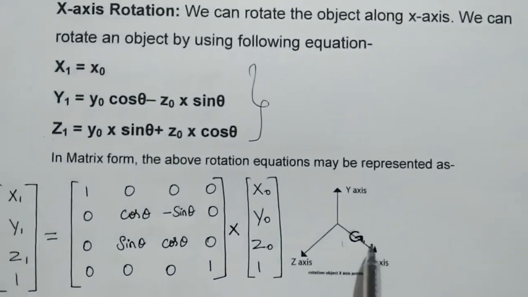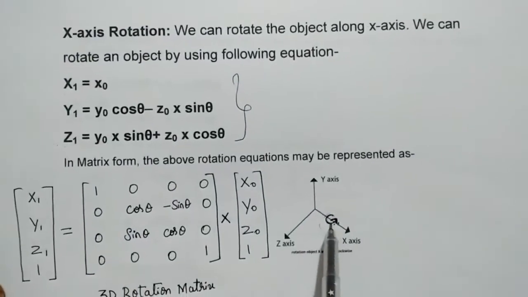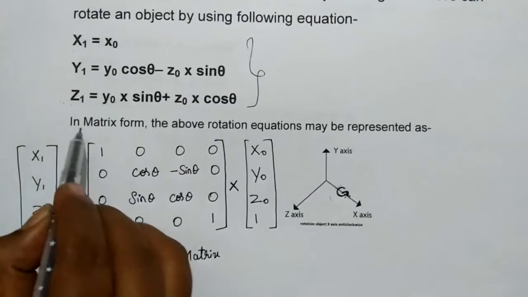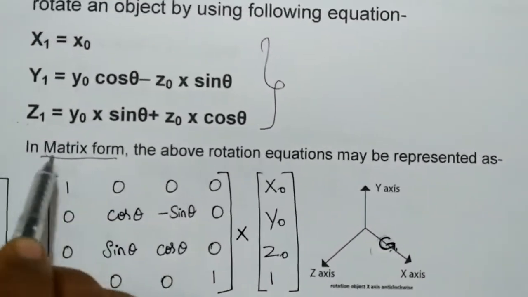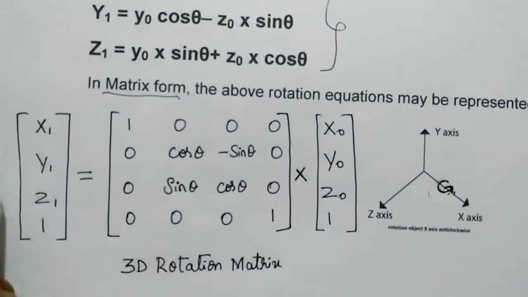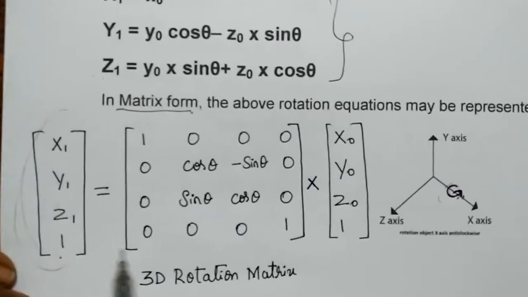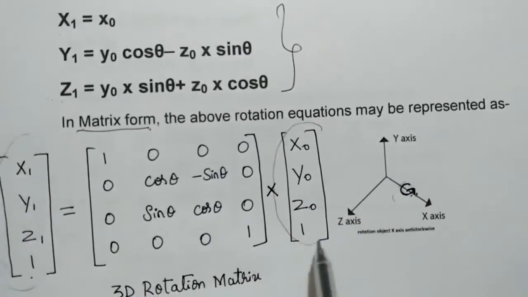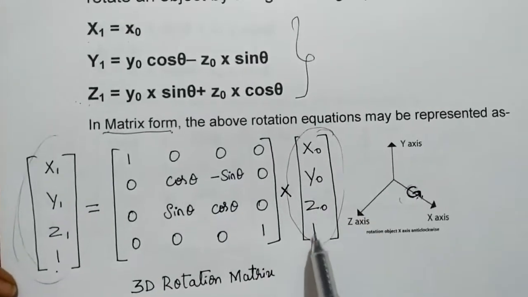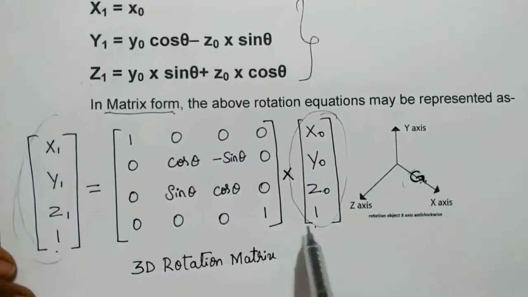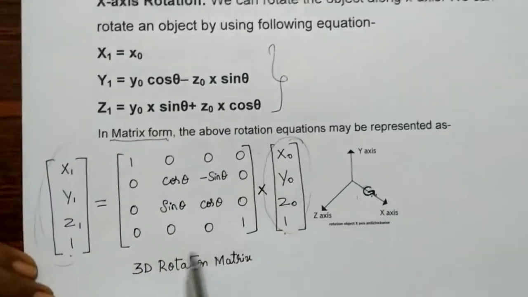Using this equation, we are able to rotate an object along the x-axis. We can also do this rotation using matrix form. In this matrix form, we find the new coordinate values of an object using the initial coordinate values along with a rotation matrix like this.